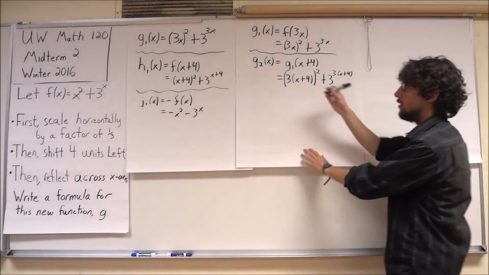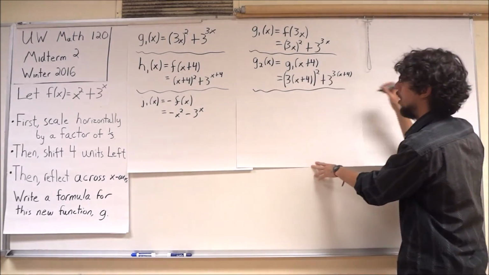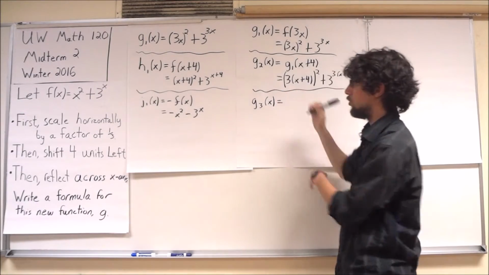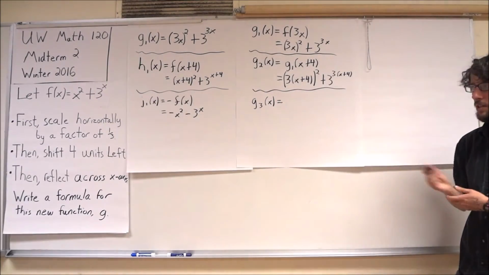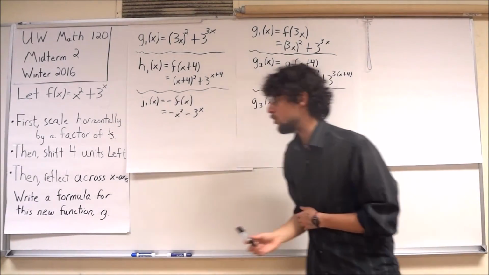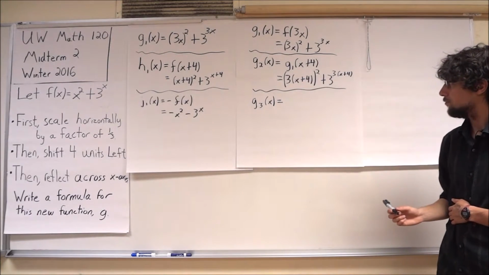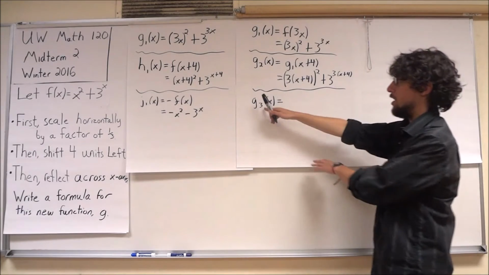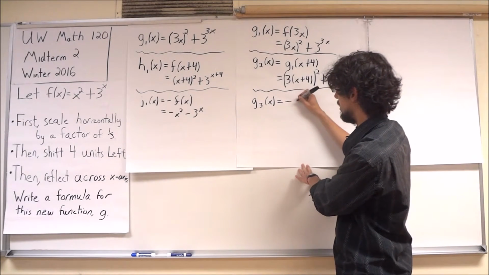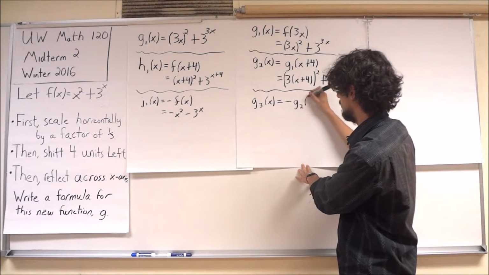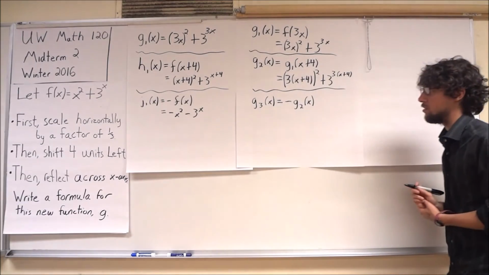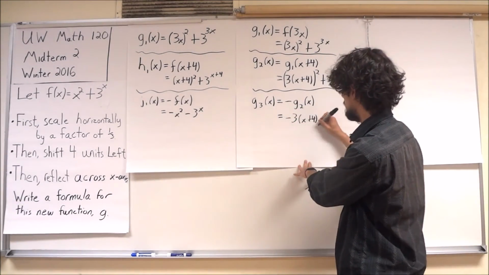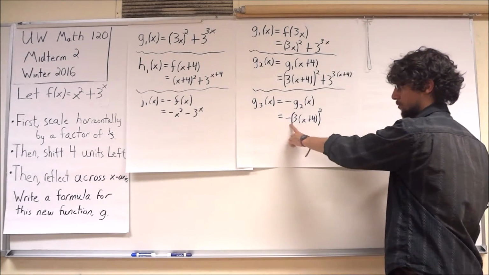And now finally, our final function, which we could call g3 of x, this is what the question asks us to call g. I simply need to write g3 of x as negative g2 of x. So this is a 3 with a parentheses.